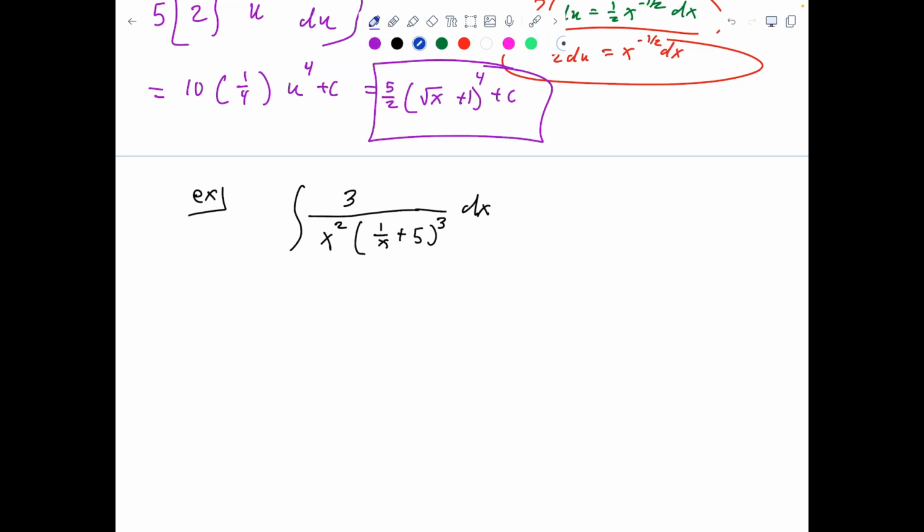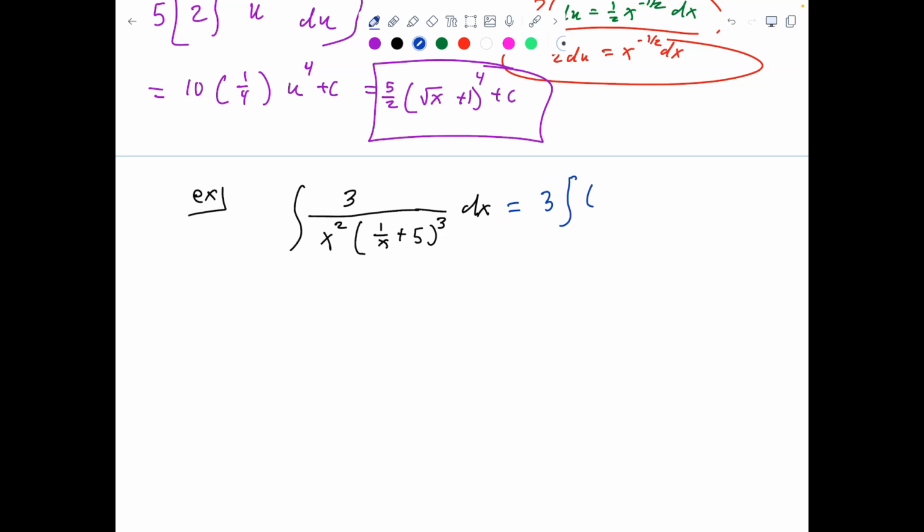So when I rewrite this, I'm going to rewrite this as 3 times the integral of what? I like to put the parenthesis first. If you can rewrite it, it's better to use the parenthesis in front first because that's going to be your u, so that you can clearly see your U-substitution.